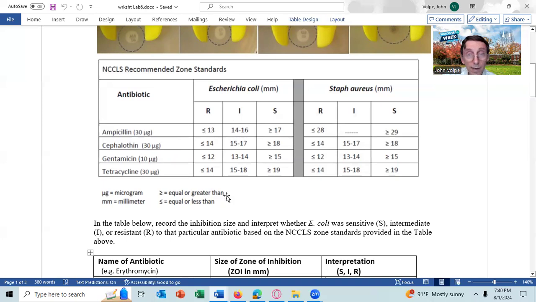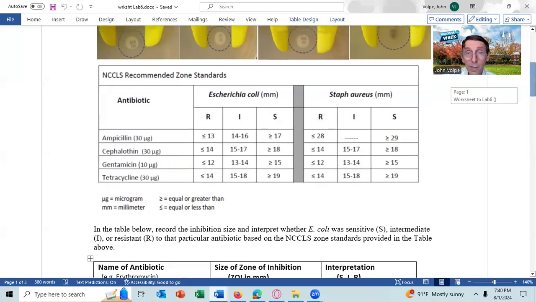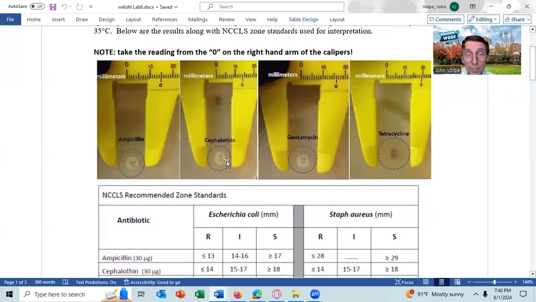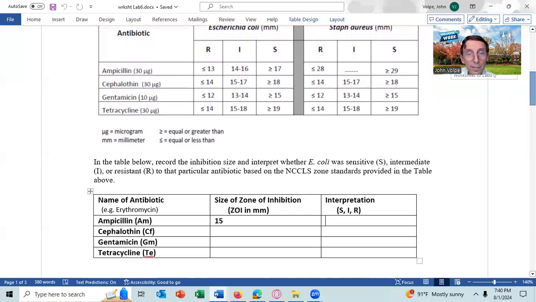Any question about that? And then you measure for each of the other different antibiotics. 0 to 0 there is about 14 millimeters for cephalothin. You put that there and then make your interpretation. Any question about that?